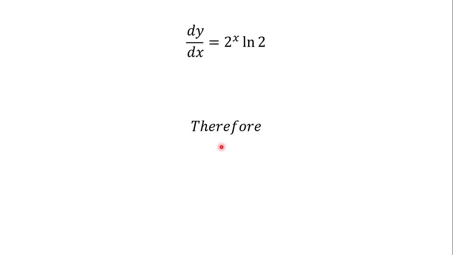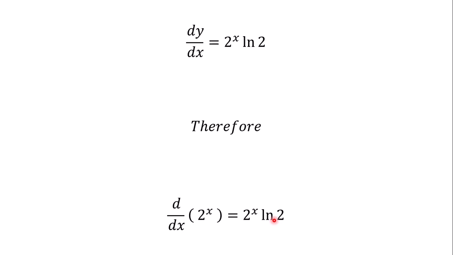Therefore, dy over dx equals 2 raised to the power x multiplied by ln 2. Therefore, the derivative of 2 raised to the power x is equal to 2 raised to the power x multiplied by ln 2.